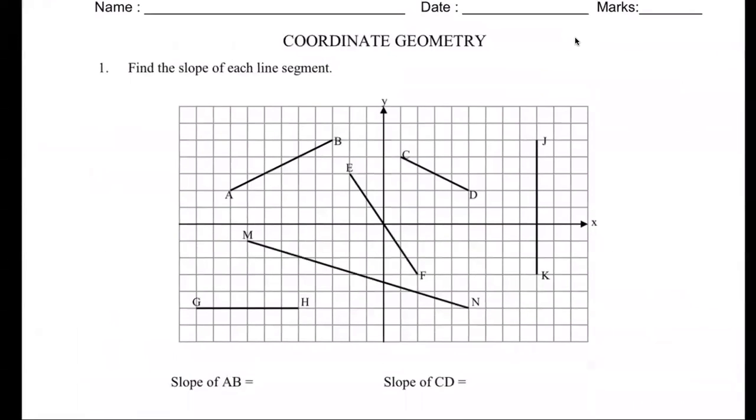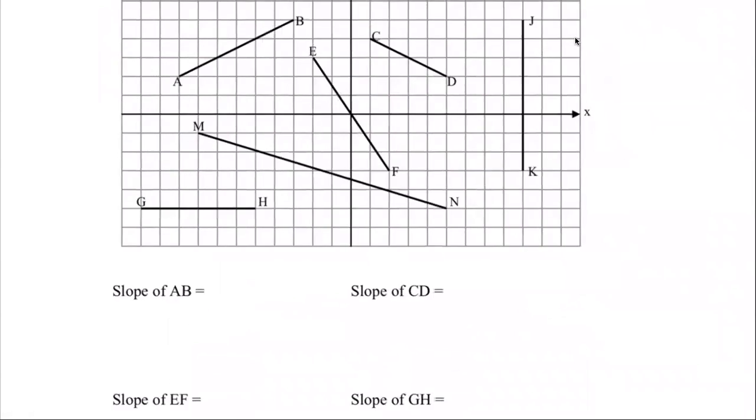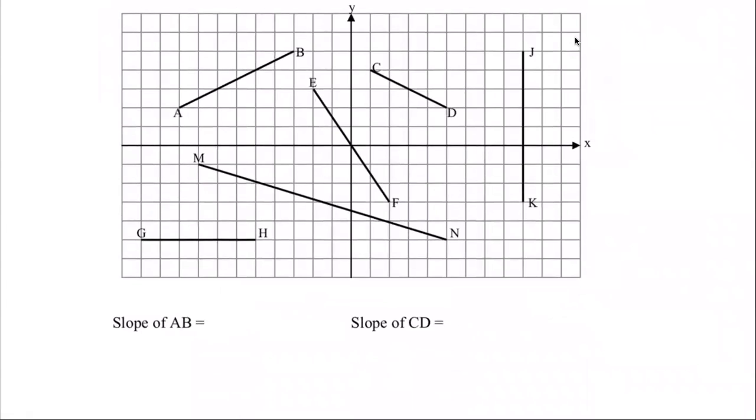Coordinate geometry. Find the slope of each line segment. Slope of AB, so let's do AB first. Remember how to find the slope of a line or line segment? We pick any 2 points on the straight line or line segment, and then we use the slope formula.